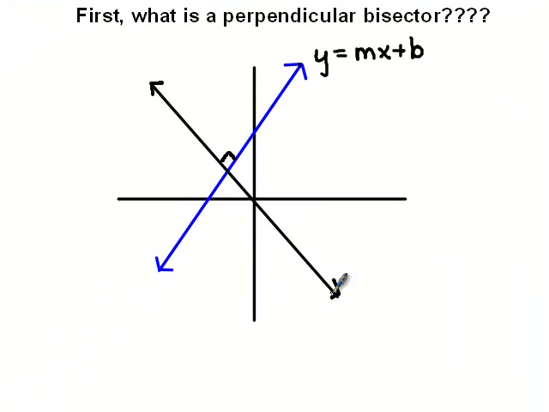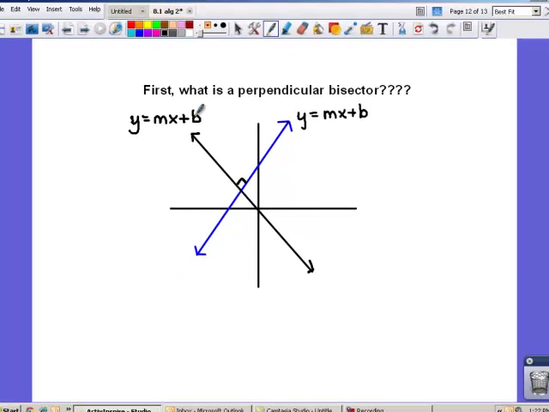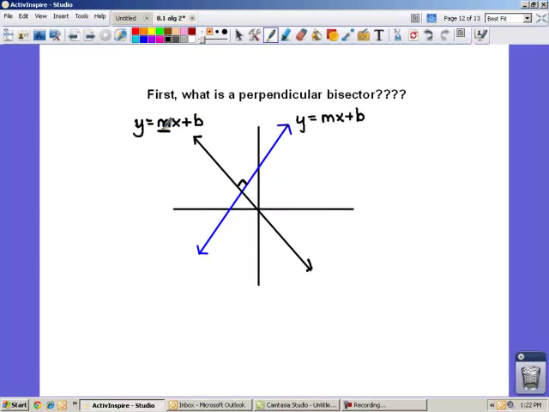You know that this equation, which will also be in the form of this, the only difference is that it will be an entirely different equation, but the slopes will be perpendicular reciprocals of each other.